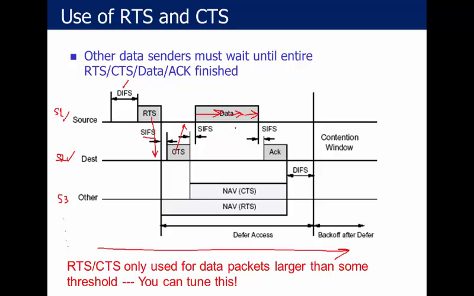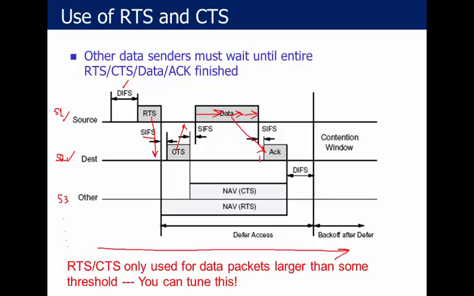Now data is sent. This data contains the destination address, source address, and some other information like frame numbers, including the payload. So send it out, and it is received at the destination.